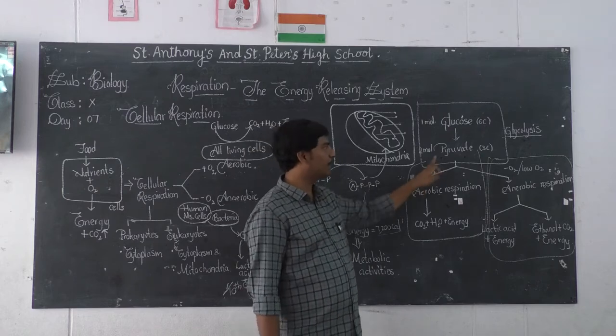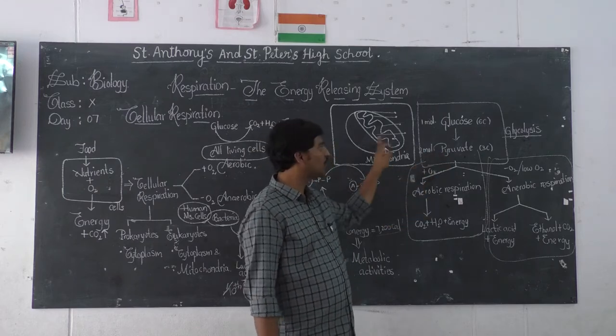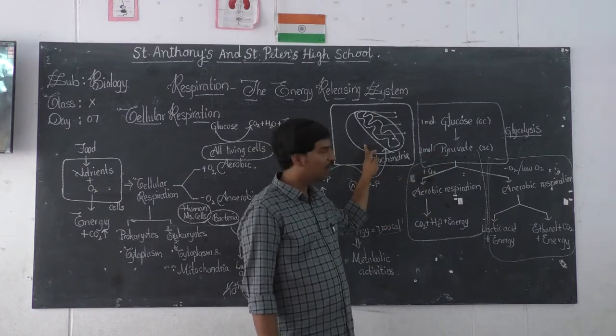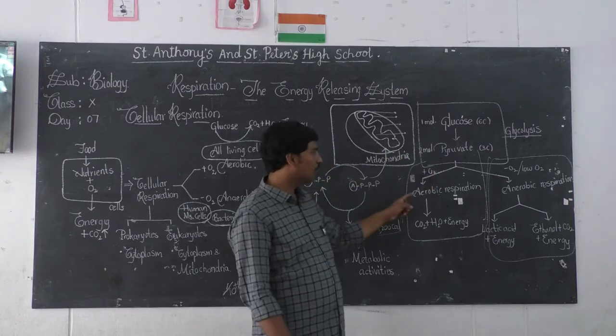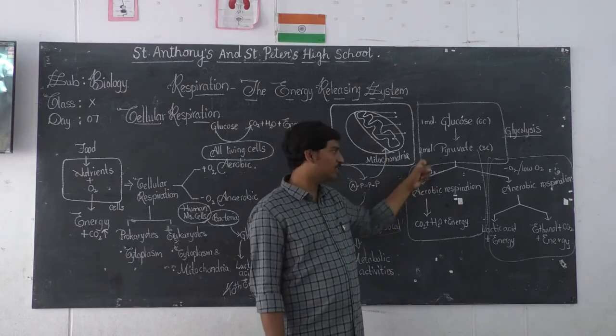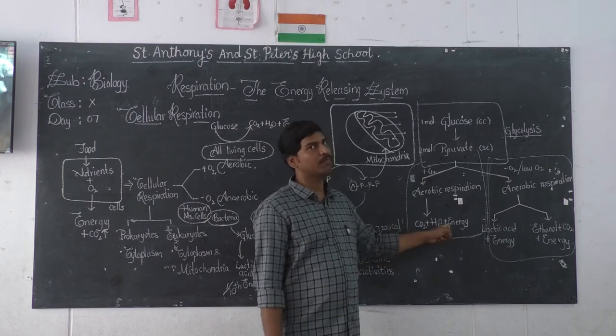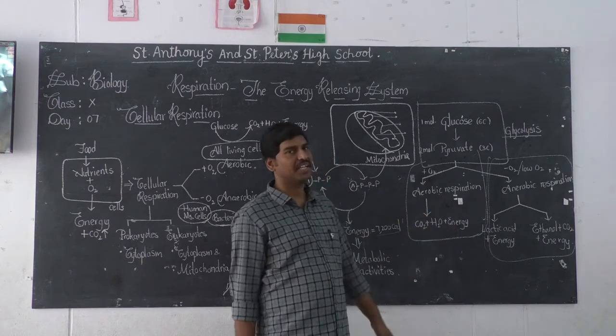If oxygen is present, pyruvate enters the mitochondria and undergoes further processes. Here the pyruvate is completely broken down into carbon dioxide and water, liberating energy.